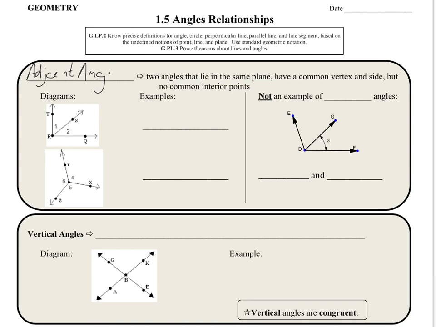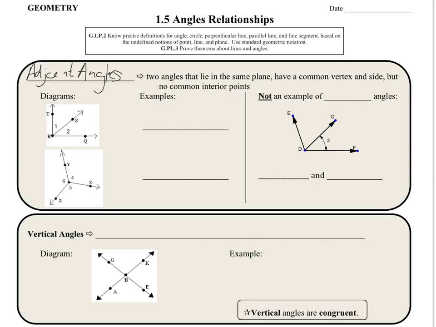So adjacent angles are two angles that lie in the same plane, have a common vertex inside, but no common interior points. Okay? Easy way to think about adjacent angles: adjacent means they are side by side.